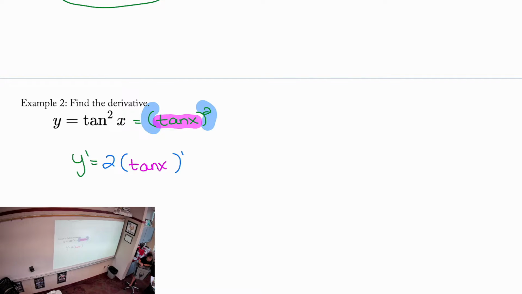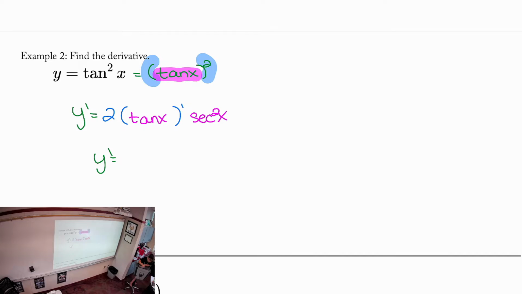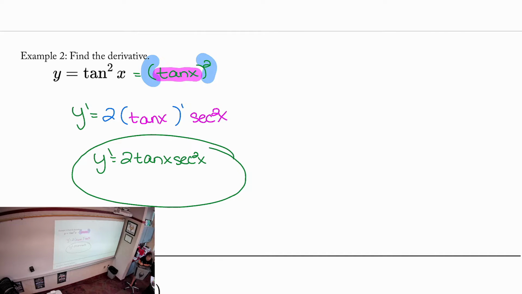The derivative of tangent is secant squared of x. So y prime is 2 tangent x secant squared of x. And it doesn't make any difference whether you write tangent first or secant squared first. Doesn't matter. Yes. Oh, the secant squared x is just the derivative of tangent.